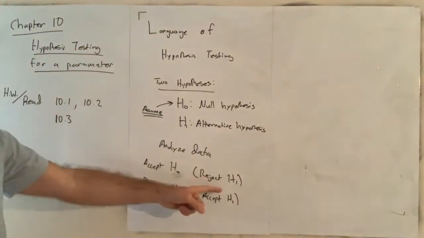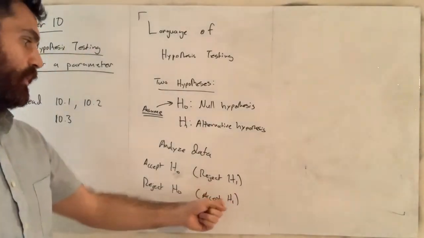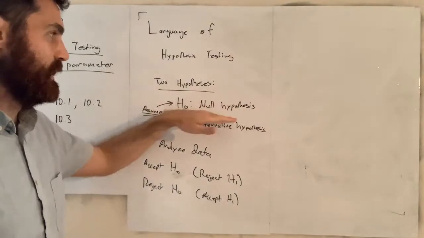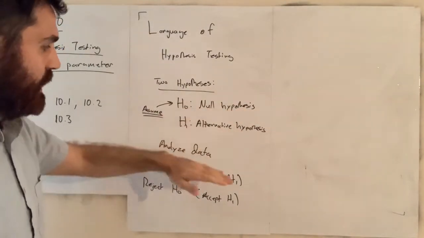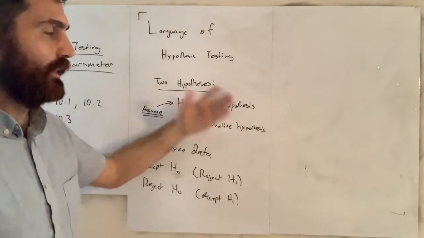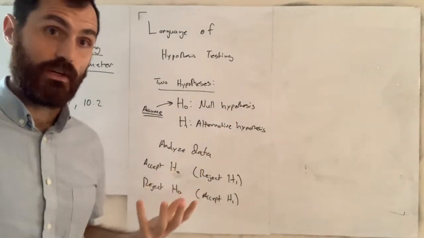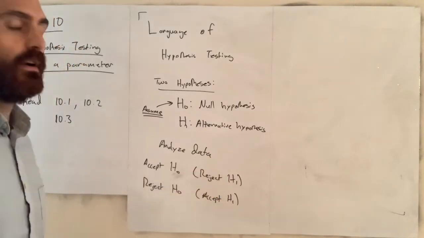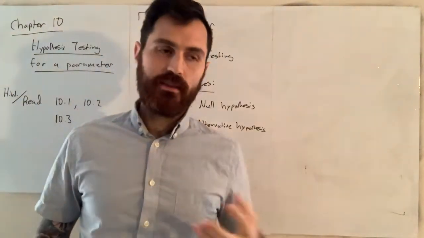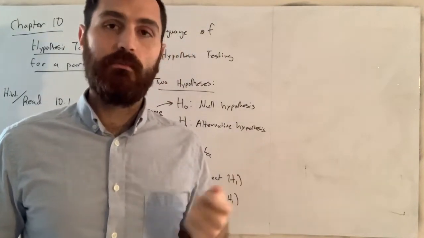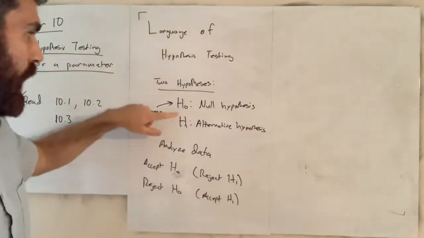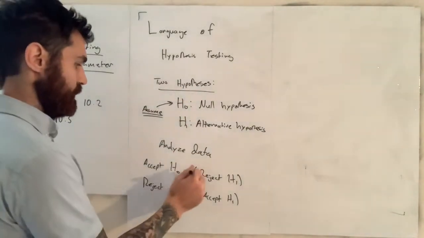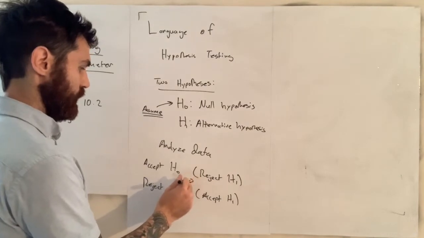I actually like to think of it in these terms: we reject H1 or accept H1, because I like the idea of this being the baseline of what we're assuming, and the H1 is challenging it. Oh, should it be this? And then you either reject H1 or accept H1. But the hypotheses that we're going to be working with are going to be mutually exclusive. So these basically mean equivalently the same thing. So these are logically equivalent.